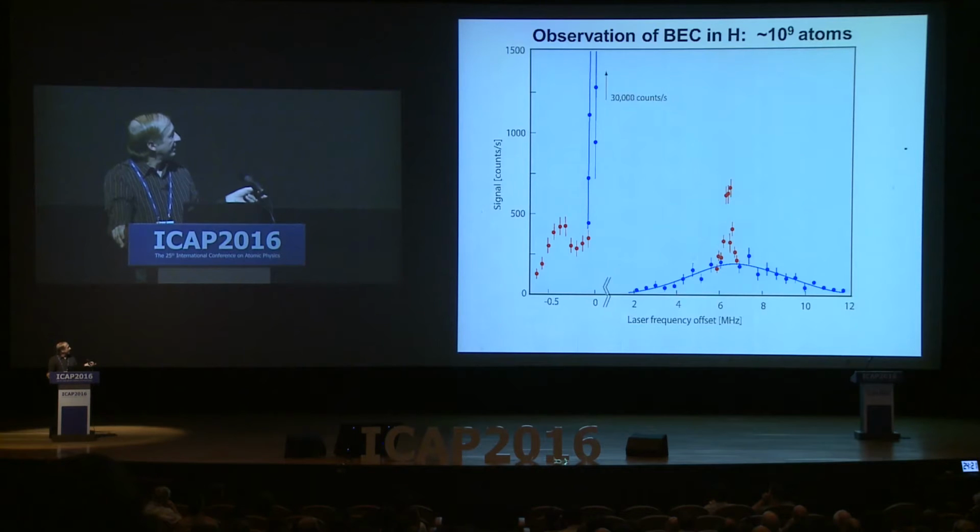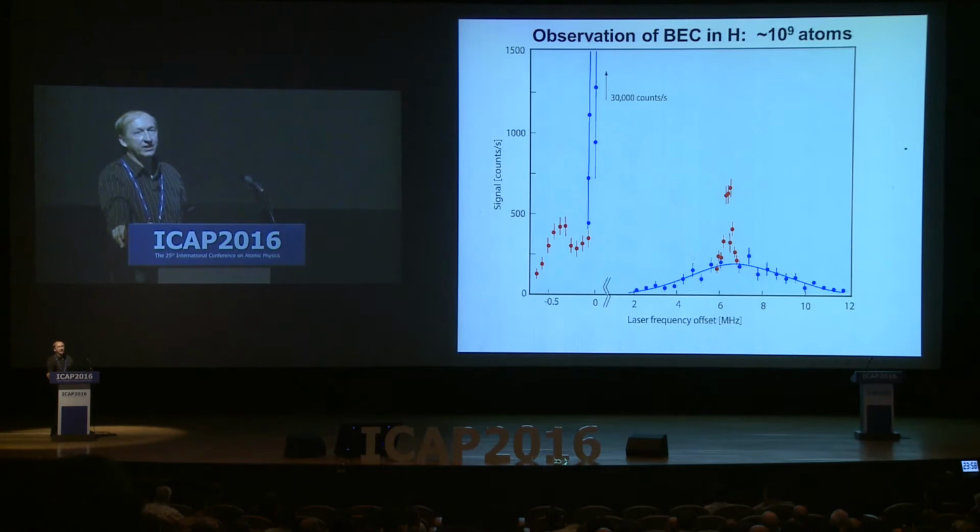Now, if you look at the line very carefully, before looking at largely the blue curve and this signal from the counter-propagating photons here, there's actually an extra signal that started to appear out here, just redshifted a tiny amount, and a peak forming in here. Now, that's actually the Bose condensate.